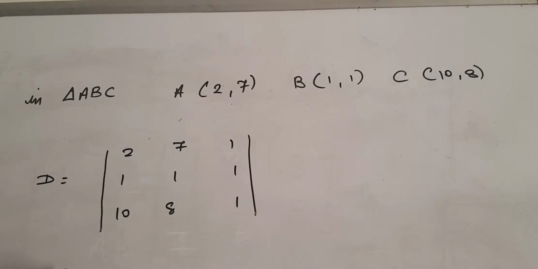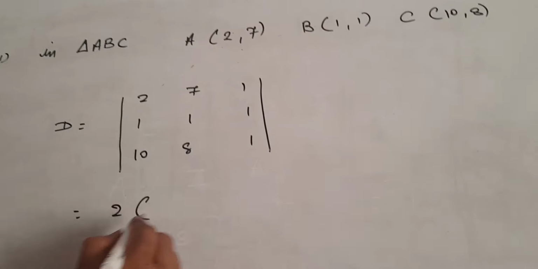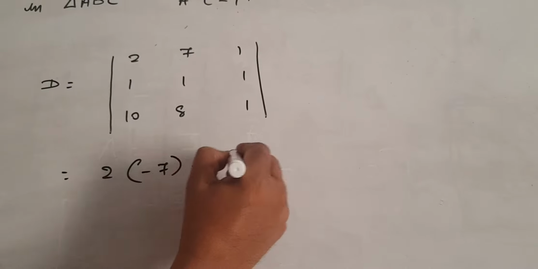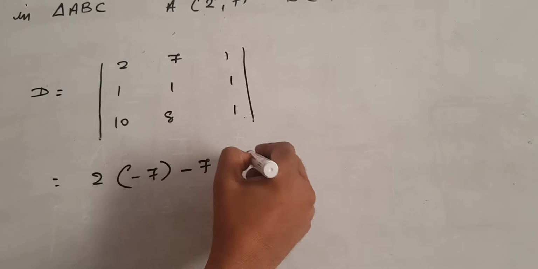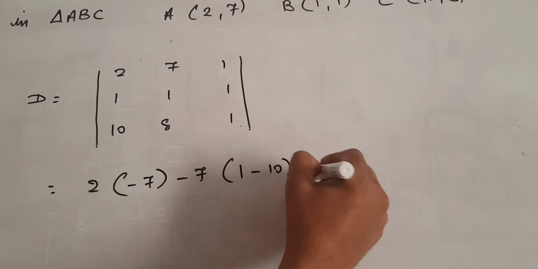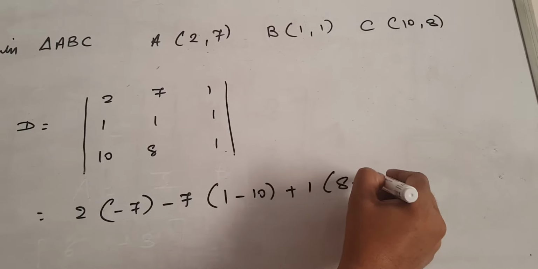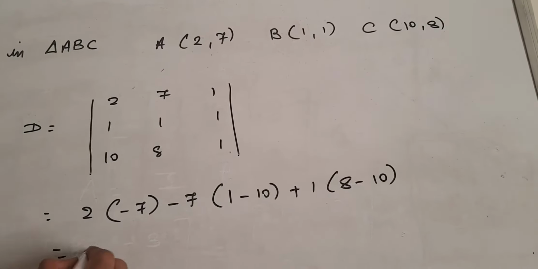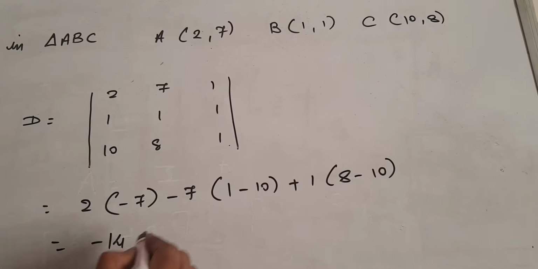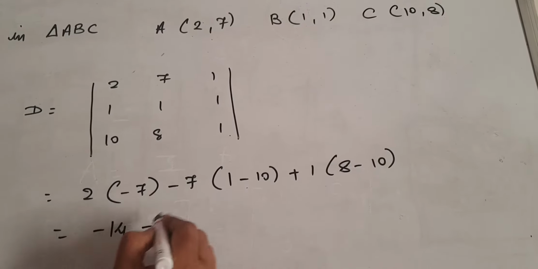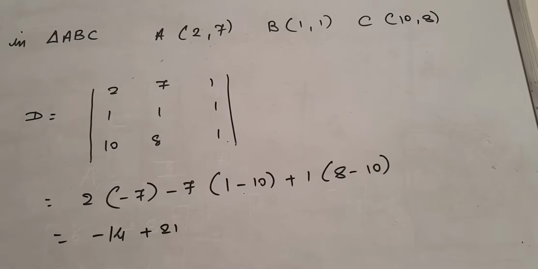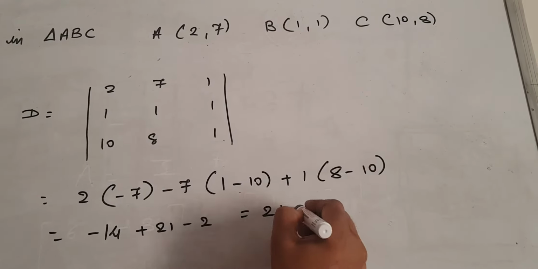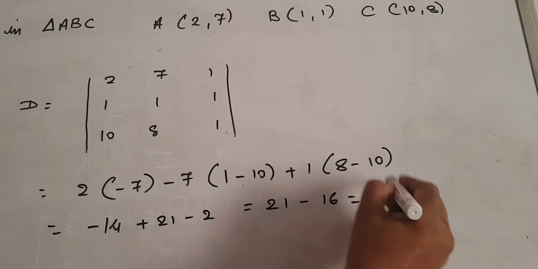If I simplify this, it will be 2 into (1 minus 8), which is minus 7, so minus 14, minus 7 into (1 minus 10), plus 1 into (8 minus 10). So this should be minus 14, minus, minus 7 into minus 9 is plus 63... so it should be 21 minus 16, which is 5.